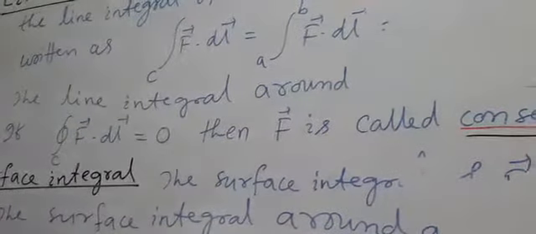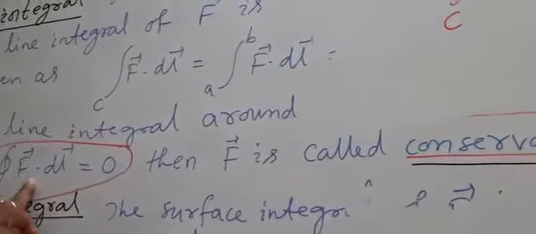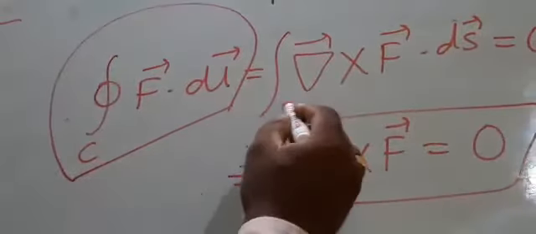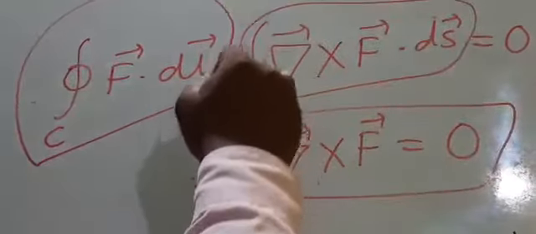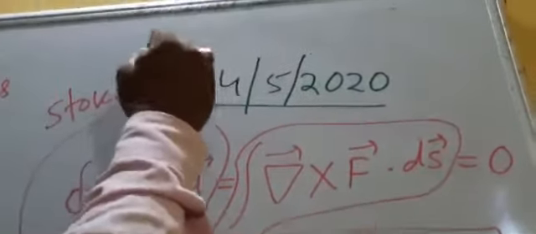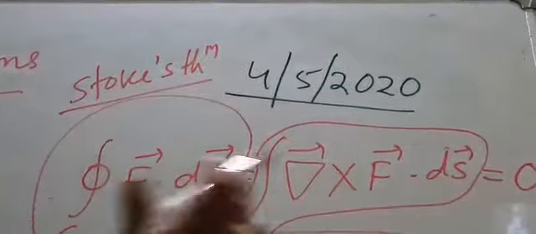As per the formula of Stokes theorem, you can write the line integration of f dot dl as the surface integration of curl of f dot ds. So you change the line to surface.